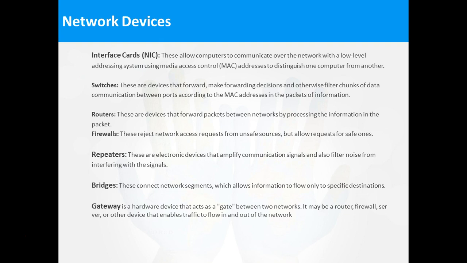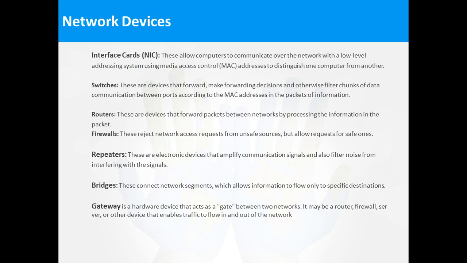A firewall is a system designed to prevent unauthorized access to or from a network. Repeaters are devices that amplify your signal for long distance communication. Amplification, in the sense, just increases the voltage of a signal.